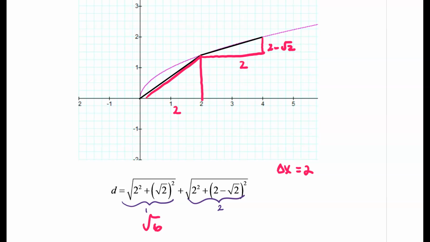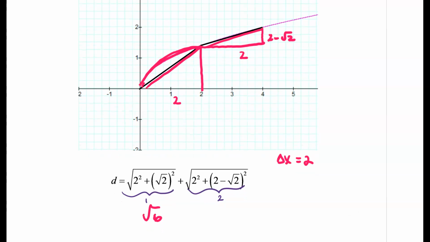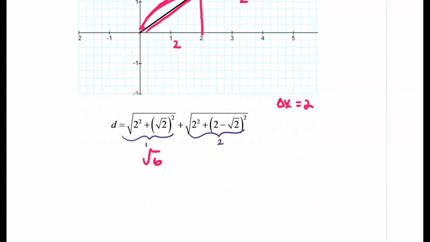And so the length of this line is the square root of 4 plus 2 minus root 2 quantity squared. And you add those two together, and that's our new approximation. It's still an under approximation because you really do see this pronounced arc here, which is going to be longer than that hypotenuse that we used to approximate it. I think maybe you can see where I'm going here.